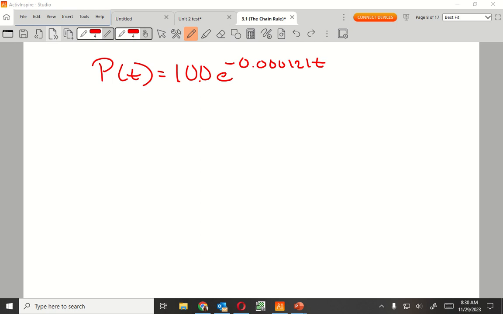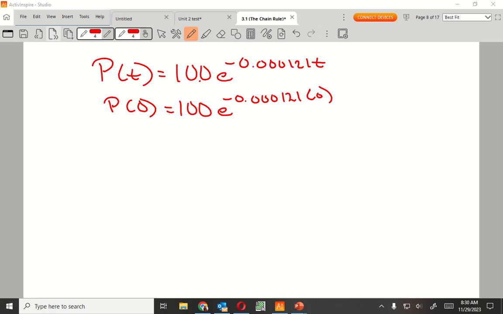So first, I know that when P of 0, that's going to be 100 e to the negative 0.000121 times 0. Anything times 0 is 0.